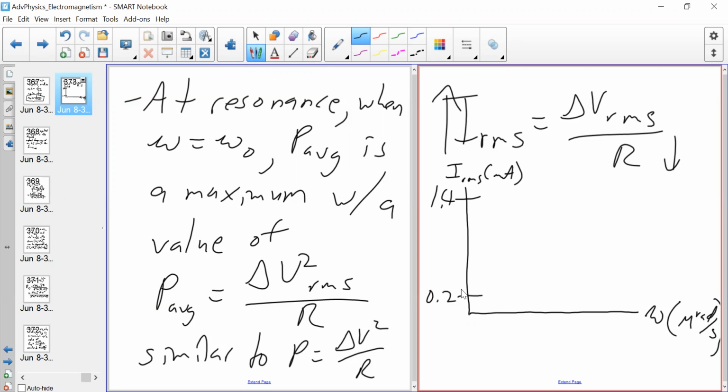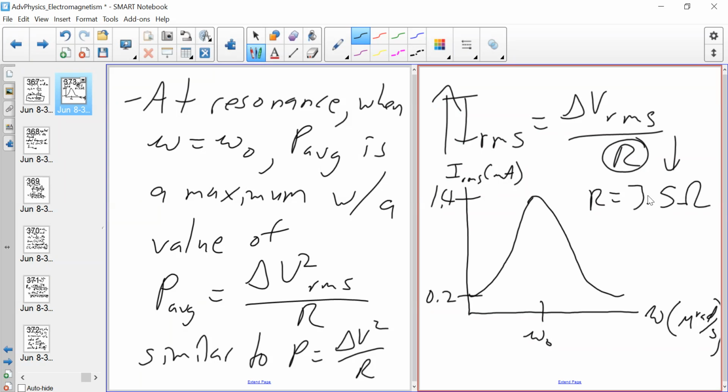Well, we see that there is a rise, and I say that the resonant frequency here, when we achieve this for a very low value of R, our I_RMS is going to be at its max, a high max at a very low frequency. So we have something that looks like this. Say for this curve, the resistor is, let's say, 3.5 ohms.